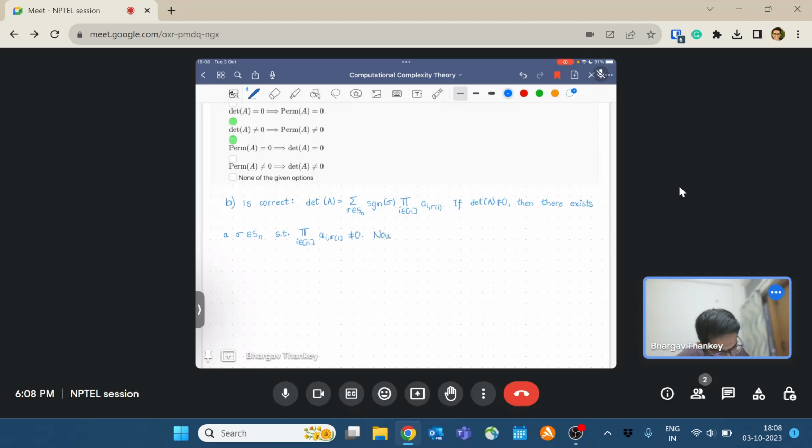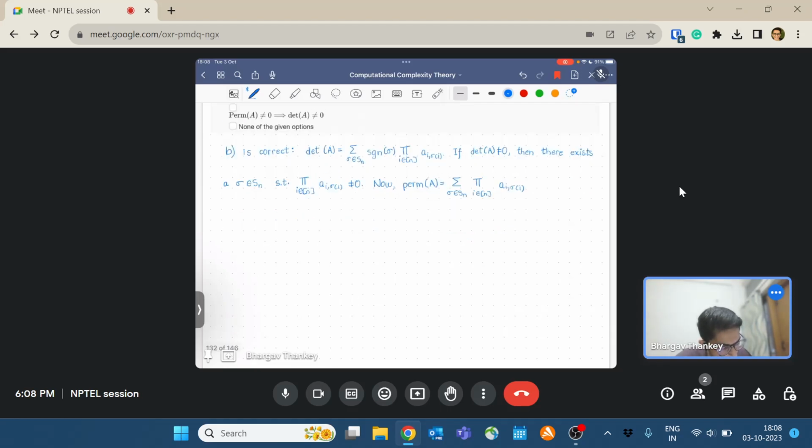Now, the permanent of A is the same sum without the signs, and I'm claiming that this is non-zero, and the reason is the following.